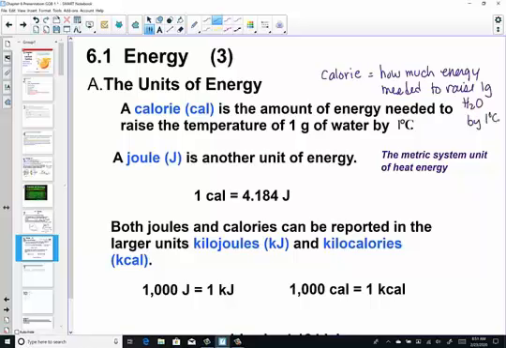That is also known as the specific heat of water. And you should know that the specific heat, we'll learn, is a kind of definition for this. It just says the specific heat of water, you can say, is 1 calorie. It takes 1 calorie to raise 1 gram of water by 1 Celsius degree.